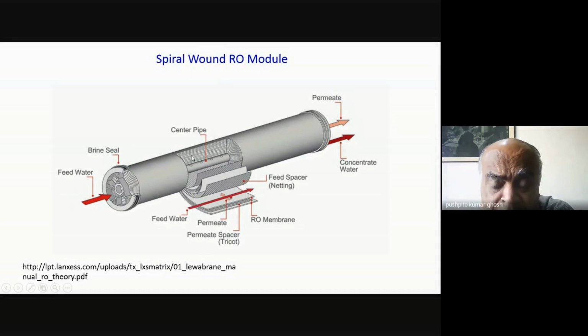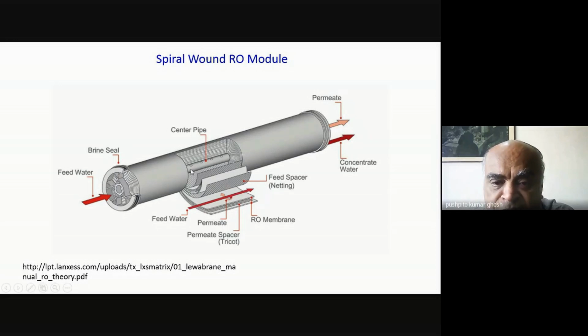At one end, there will be maybe 30-40 leaves of this membrane, and all of them need to be sandwiched and welded on one side, and the other side is open. Effectively, the feed water is flowing from here. It is passing through your membrane, and the permeate from each of these sheets is all collecting in a central tube.